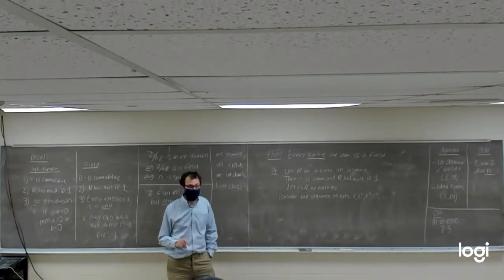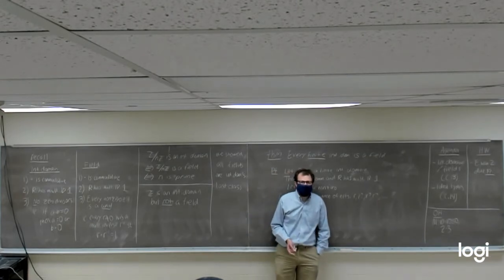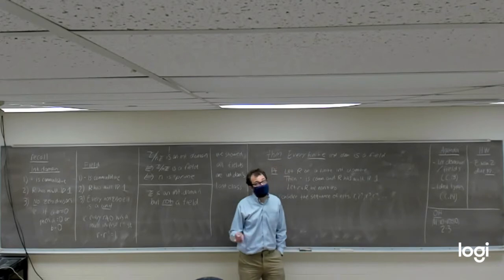Meaning, I just want to keep taking higher and higher powers of r, where r squared, r cubed, r to the fourth just means r times r, r times r times r, r times r times r times r, etc.